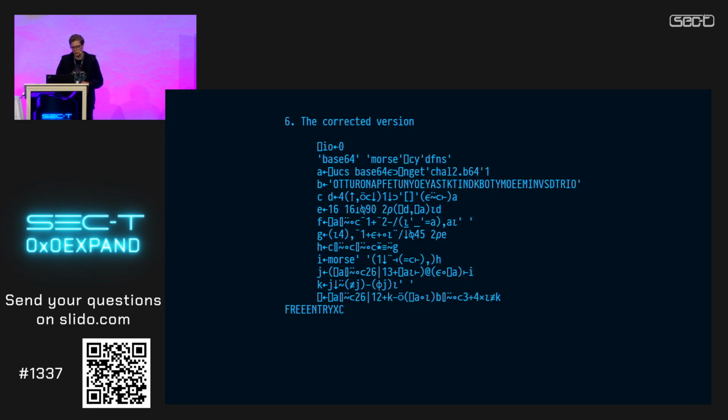It's almost the same, except that it is Base64 encoded, of course. No patching needs to be done. But curiously enough, in the last deciphering step, you have to add a constant factor of 12. And then you get a slightly different answer, which is free entry XC, where the XC, I think, refers to SecD compute. And that's all.